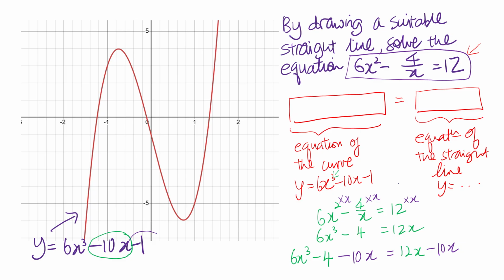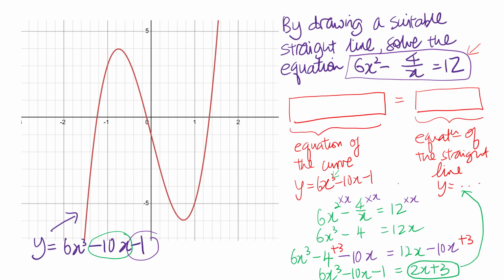And then I need a -1, which means I need to add 3, so that I would end up having 6x cubed minus 10x minus 1 equals 2x plus 3. So therefore, this 2x plus 3 would be the suitable straight line that I need to draw on the curve here.